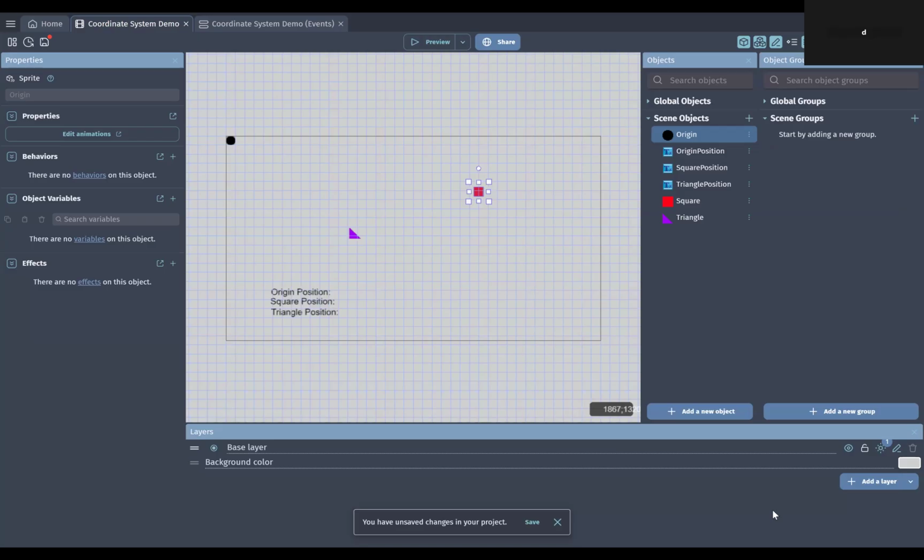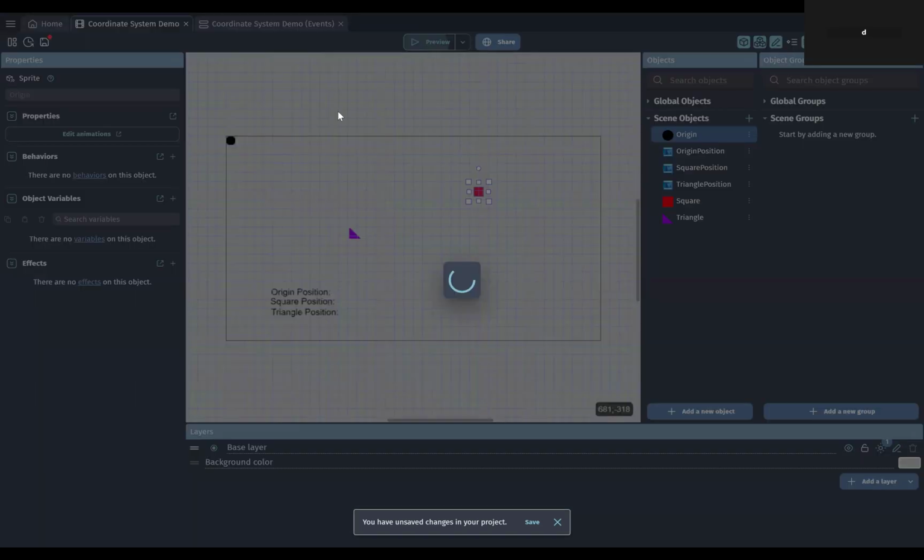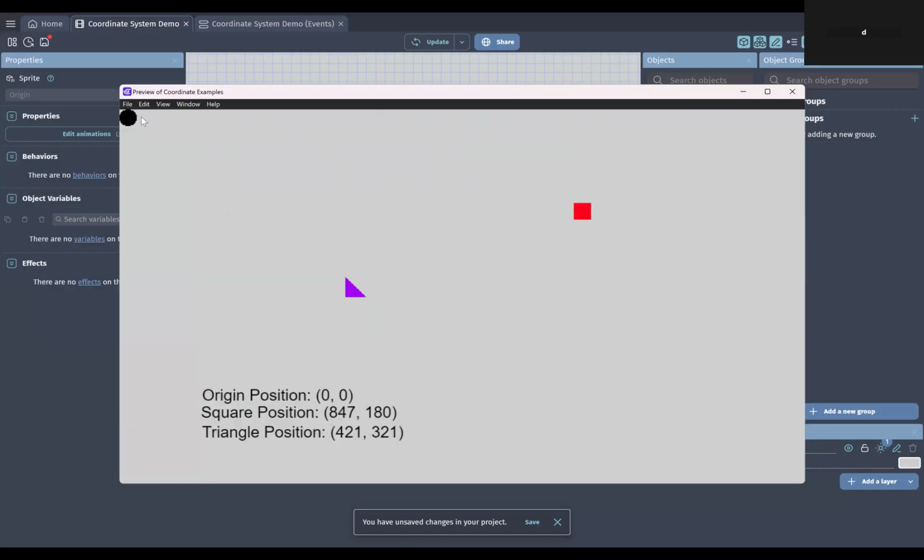So I could change what my origin is. Let's look right now. Notice again that the circle is entirely on the screen, because the origin for the circle is the top left corner of that circle. So it starts drawing at the top left, and the whole object is inside the screen.